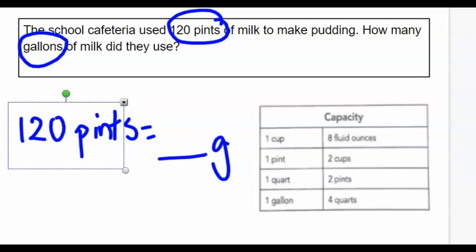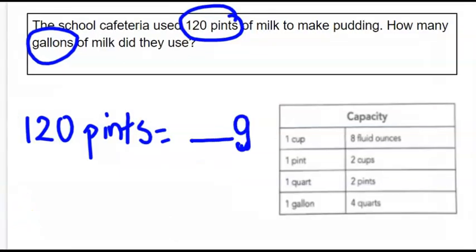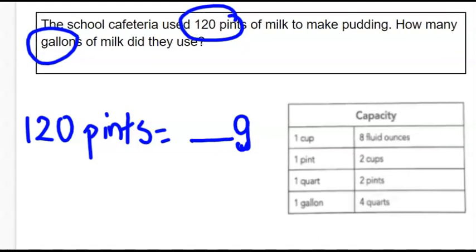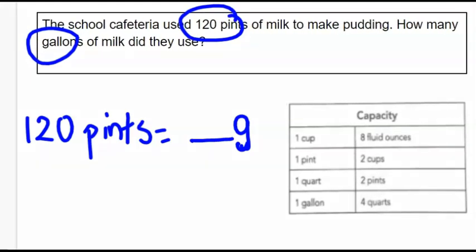So how am I going to find that out? I have to try to decide how I'm going to solve this. Let me get my pen out.